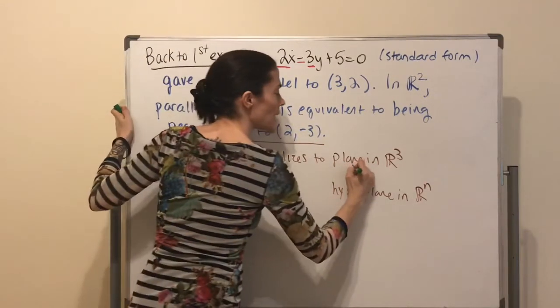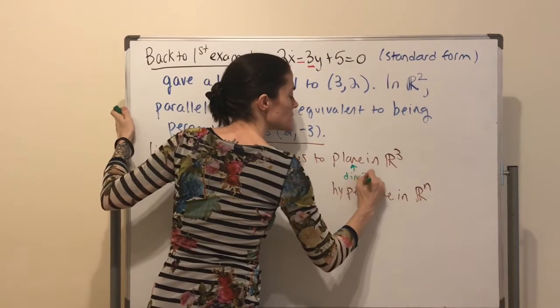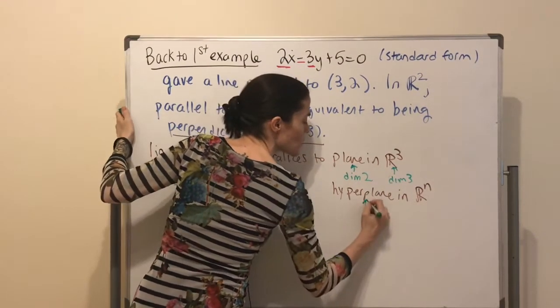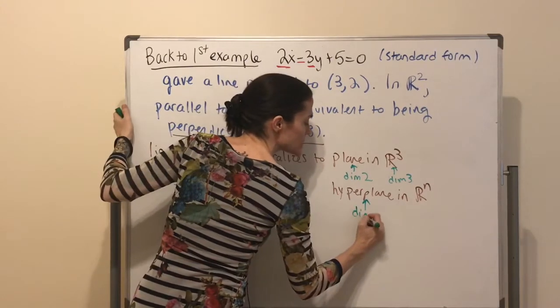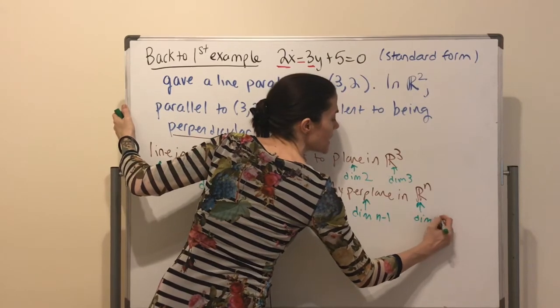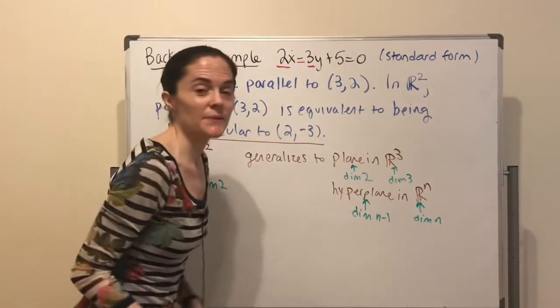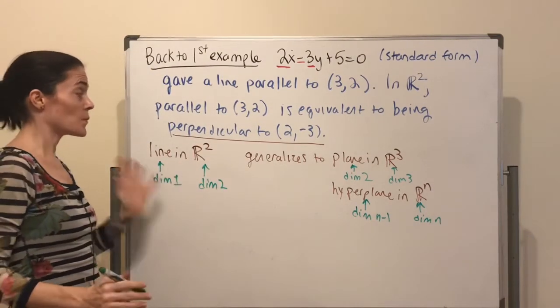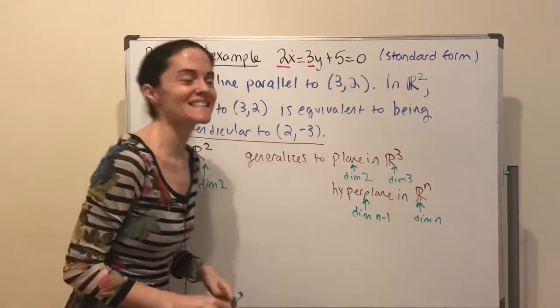And a plane in R3 is dimension 2 sitting inside something of dimension 3. What is a hyperplane? Well, it's dimension n minus 1 sitting inside something of dimension n. And this is what this statement will generalize to. But let's talk about planes in R3.